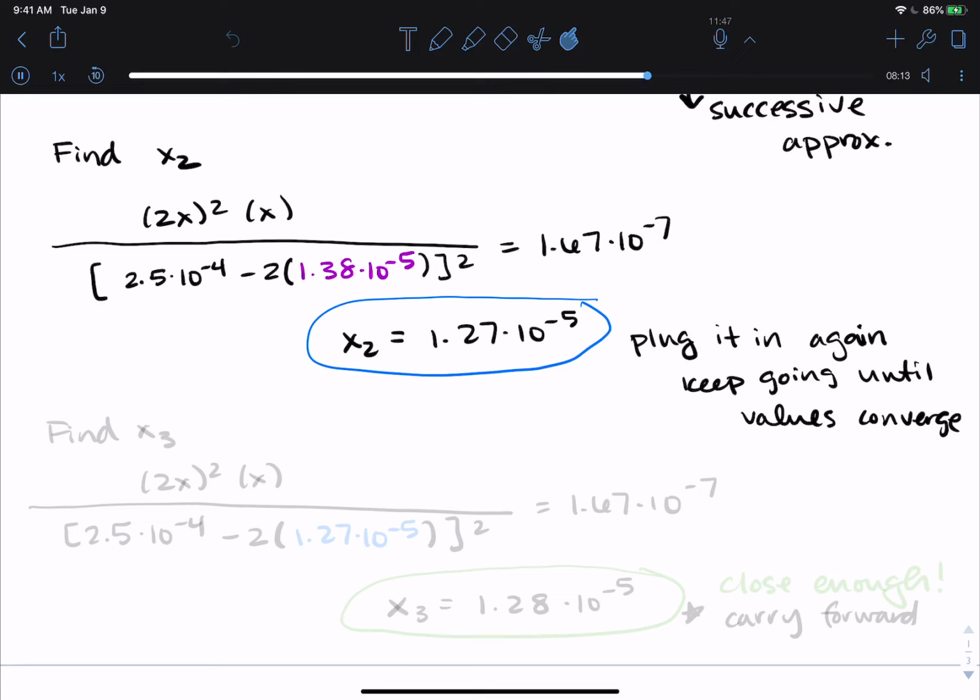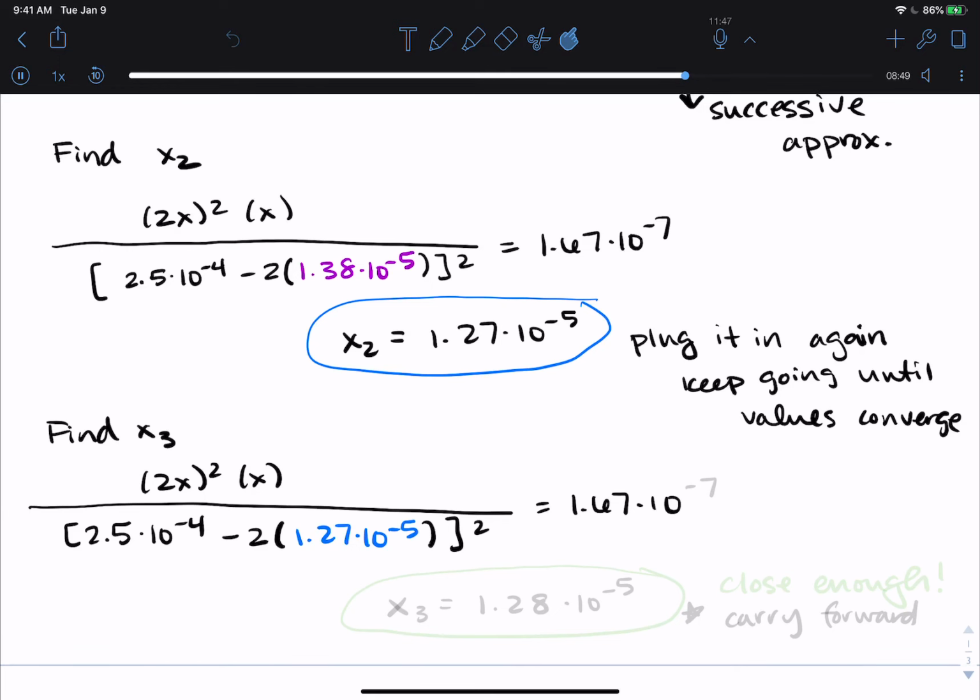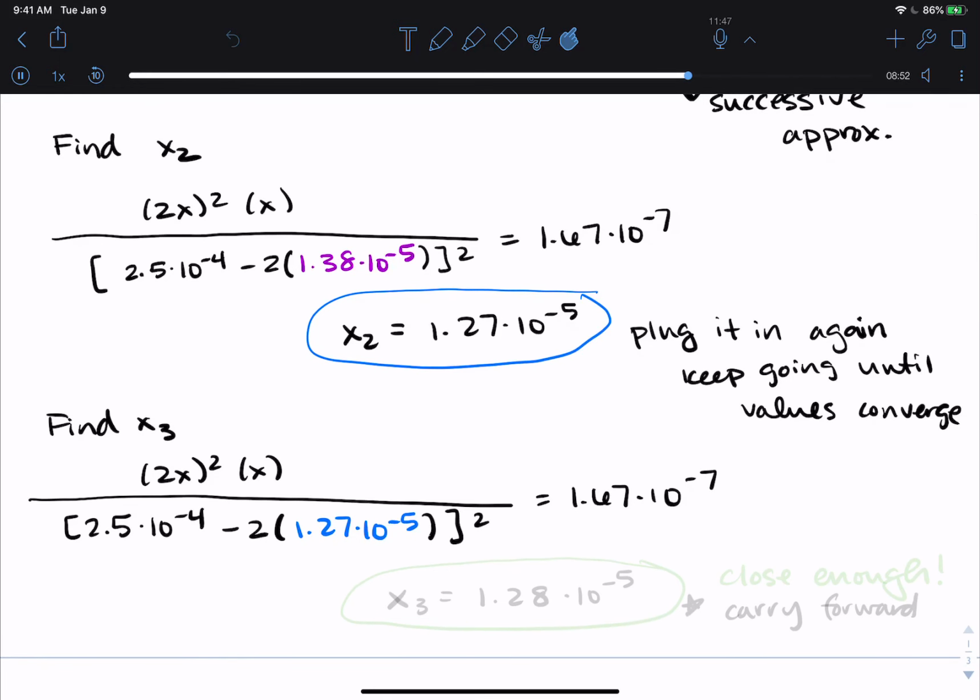So I'm going to go back to my original equation. We're going to find the third approximated value for x, and 2x squared times x divided by 2.5 times 10 to the minus fourth minus 2 times, now I'm plugging in my second value for x, 1.27 times 10 to the minus fifth. This whole quantity squared equals 1.67 times 10 to the minus seventh.